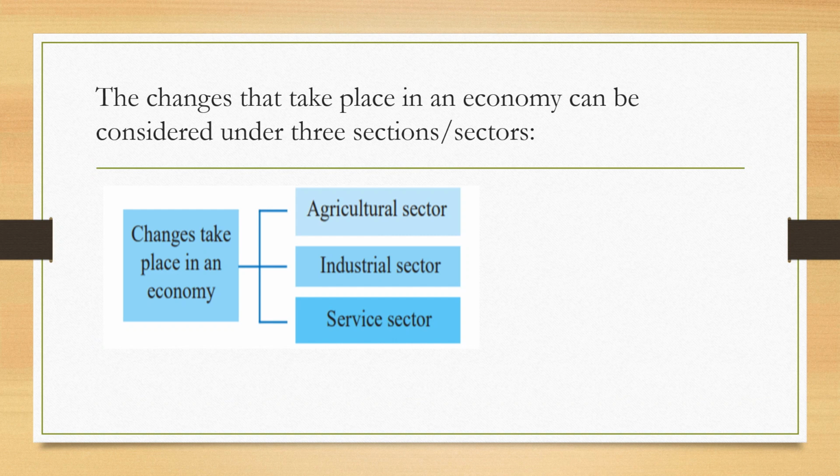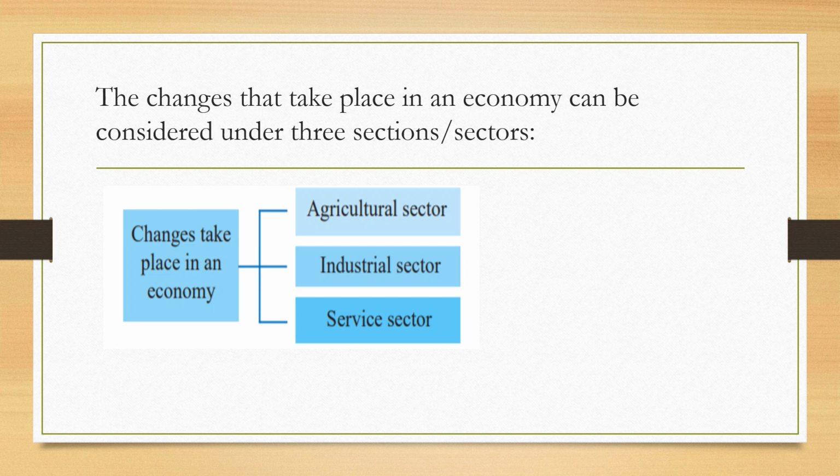Now we will see the changes that take place in an economy, which can be considered under three sections or sectors. In Sri Lanka, we can divide it into three: the first one, agricultural sector; the industrial sector; and the third one, service sector.